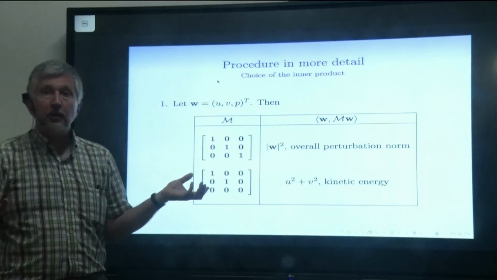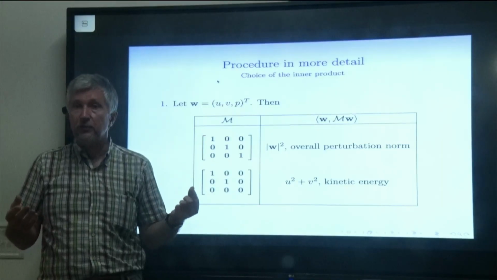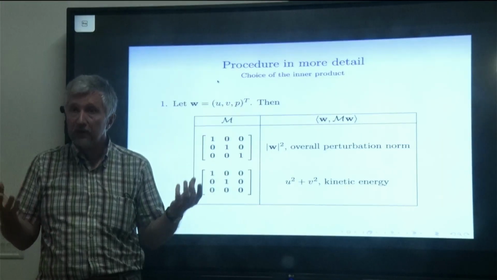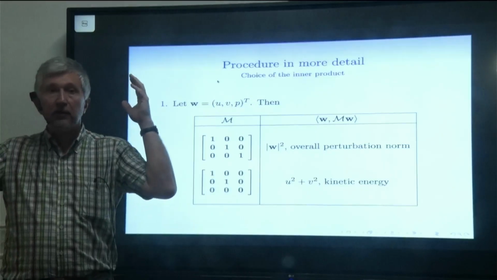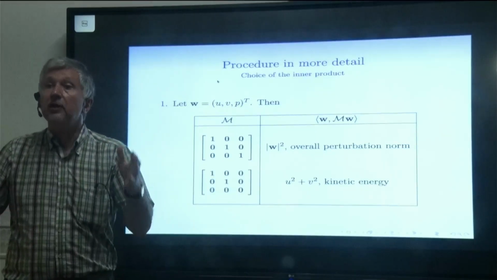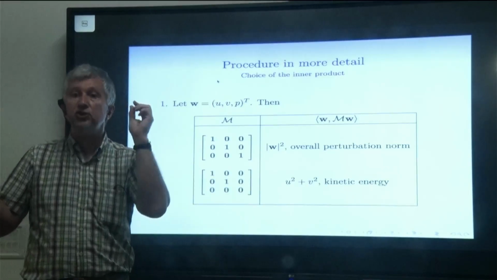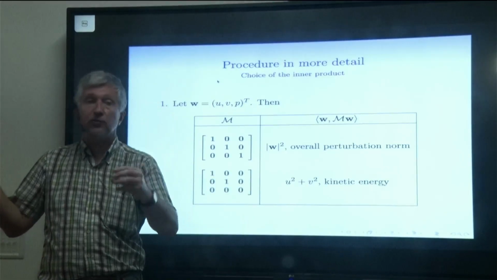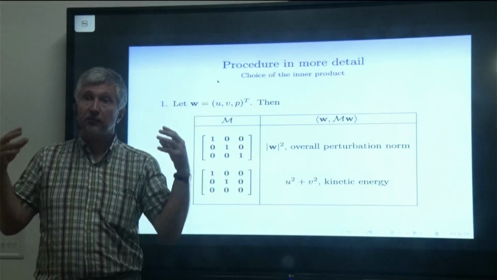And the result that we will obtain after that will be that the first term in your expansion will contain the kinetic energy the way it is present in the physical system, and it will not be changed afterwards by algebraically adding extra terms. Is that clear? So that's the idea here.